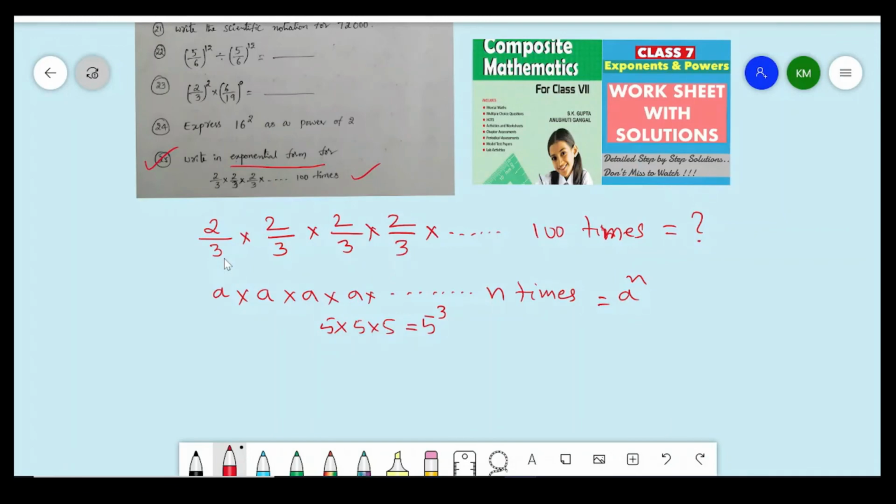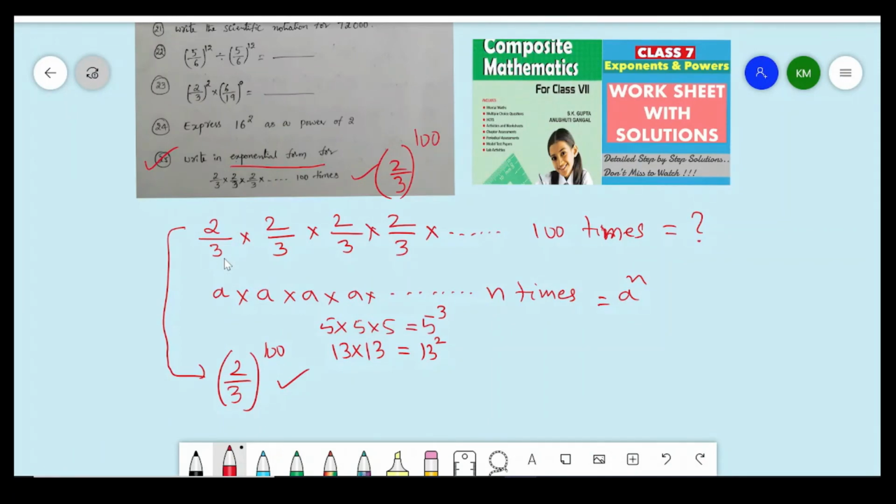If I say 13 multiplied by 13, 2 times, then 13 power 2. Similarly here 2 over 3, how many times? 100 times. So the answer is 2 over 3 raised to the power 100. This is what they are asking us to find out.